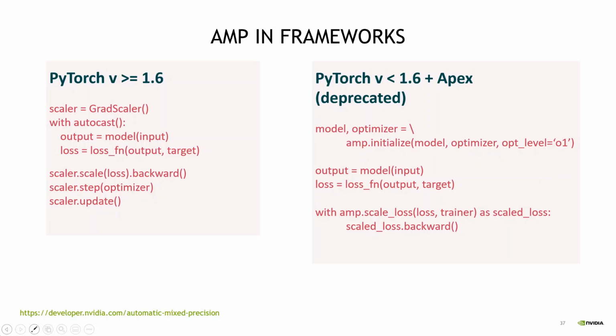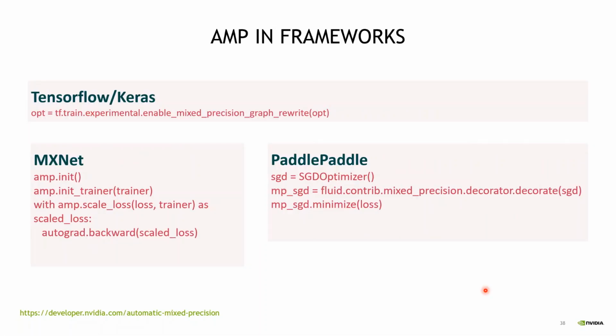And of course, you have to run your code on a GPU with TensorCores. You can run AMP training on a GPU without TensorCores too, but this will slow you down because FP16 training will be emulated on a software level. And there are examples for TensorFlow, MXNet, and PaddlePaddle frameworks.